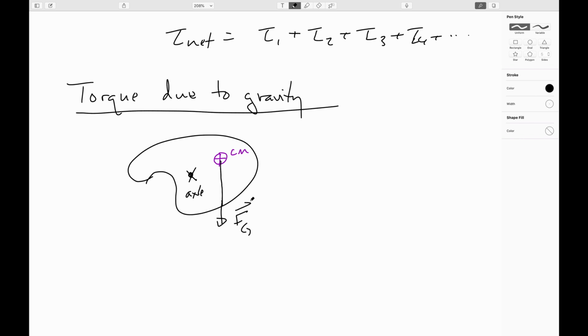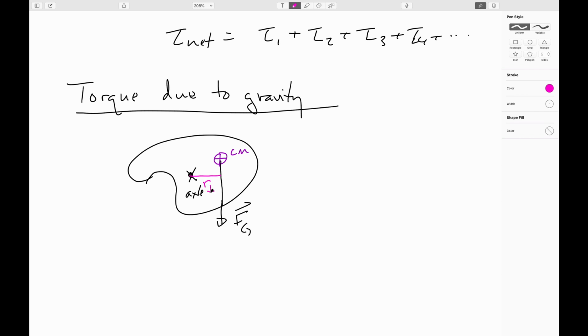So here I'm imagining like a disc, a flat object here that's hung on axle vertically. So it'd be free to spin around the axle. So then the lever arm for gravity would be that distance right there.